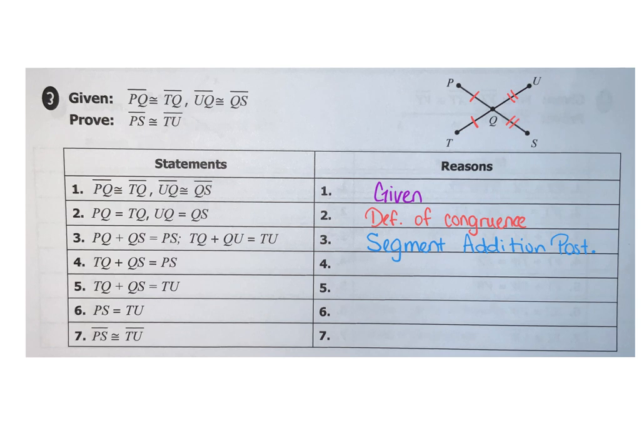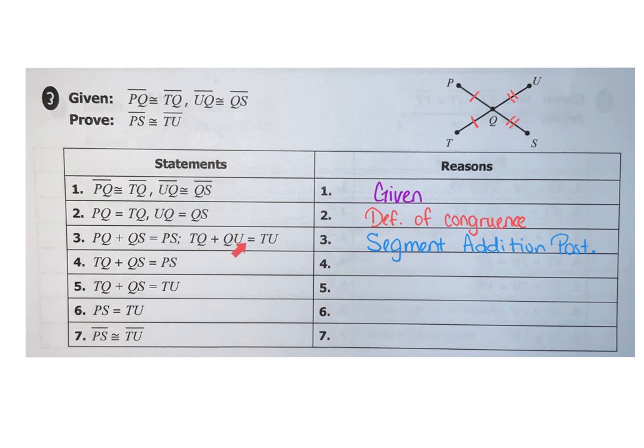Now let's look at what they did here. All right. So here, instead of saying PQ plus QS equals PS and TQ plus QU equals TU, for these two, they have replaced PQ with TQ. All right. So they've replaced this piece of it with what it equals, and they've now said that TQ plus QS equals PS.